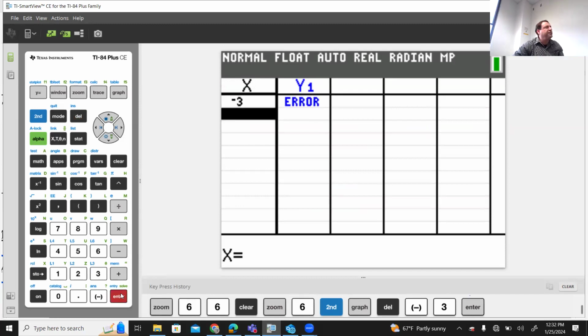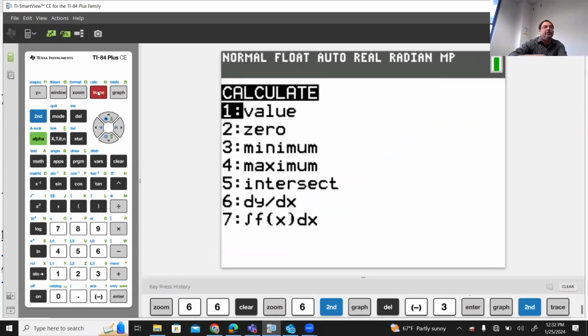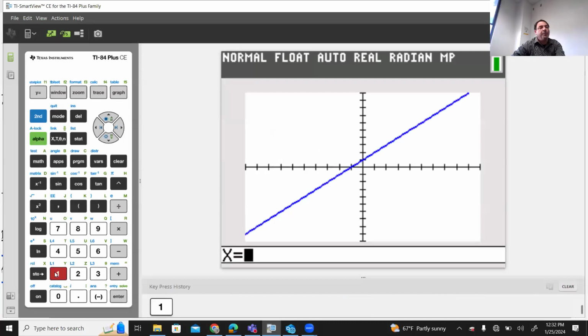Weird. Looks like a solid line, doesn't it? And I'm going to show you another trick. Go to graph. If you hit second trace, press number 1 for value, you can tell it the value, -3. And it's funny, when you put -3 and hit enter, what does it show you?